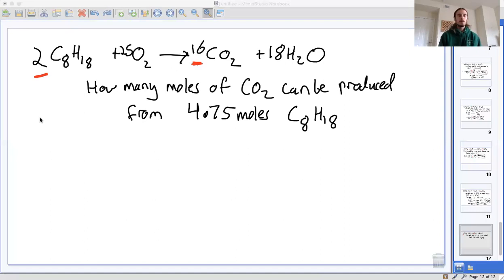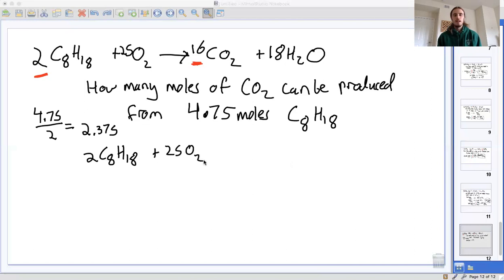Now you can do it the recipe way. 4.75 divide by the coefficient of what you're starting with. Let's see, that's 2.375. And then you multiply the whole equation by that, right? See, this is where it gets a little bit more tricky because you got like a weird number, right? Maybe you don't want to do this if you have a weird number like that. Maybe the conversion factor method is going to be easier in this case, perhaps. Let's see.